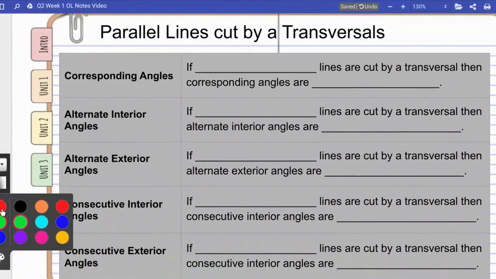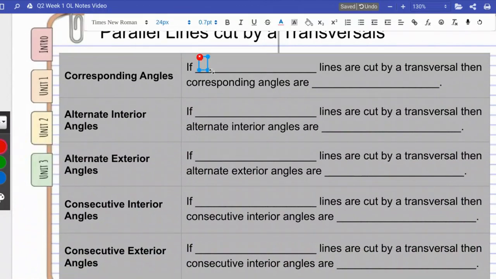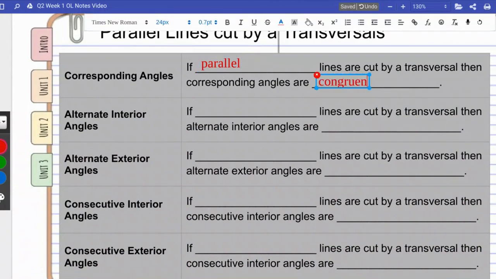So we said that if we have parallel lines cut by a transversal, corresponding angles end up being congruent to each other. If we have parallel lines cut by a transversal, alternate interior angles ended up being congruent to each other. If we had parallel lines cut by a transversal, then alternate exterior angles end up being congruent to each other.